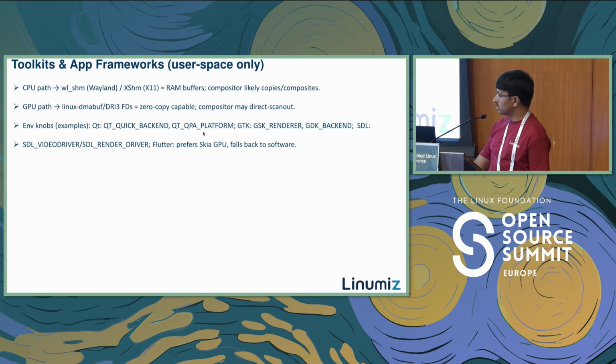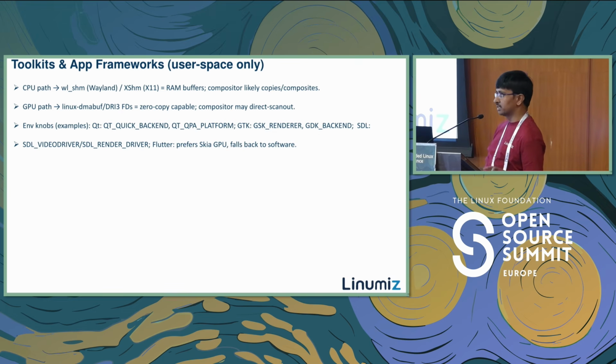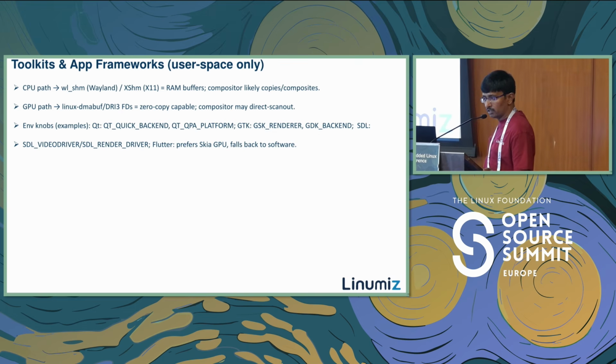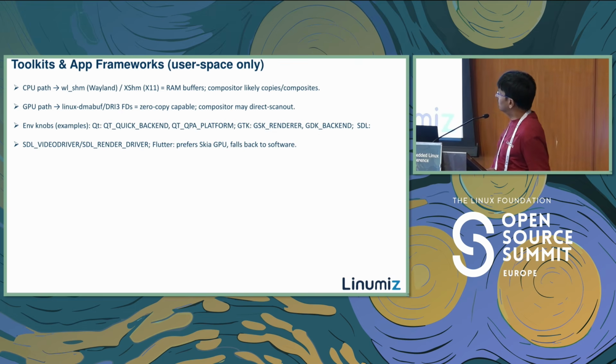The backend needs to be chosen during compile time or link time. Even for development purposes, you can specifically say you want to choose with compositor or without compositor, with GPU or without GPU acceleration path. So there are various variables available with respect to application toolkits. I haven't put Flutter here, I think. I mostly put Qt and other SDL related rendering systems.